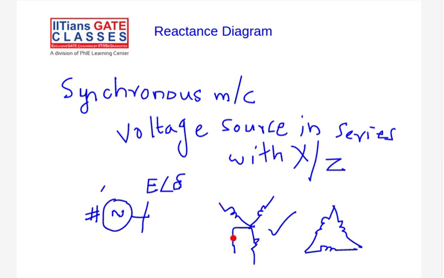So when it comes to the neutral, there are different possibilities. It can be connected to ground, right? This is called solid grounding. It can be not connected to the ground, just left open, like a simple three-phase connection. Or it can be connected to ground via a reactance or an impedance, which is called impedance grounding.